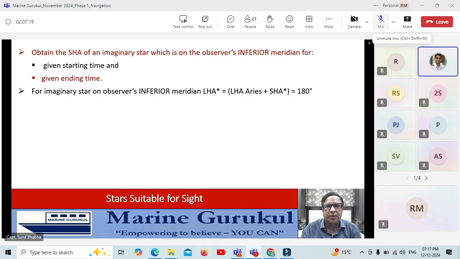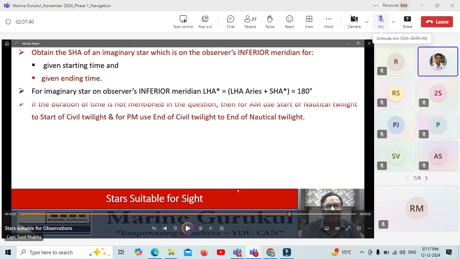So the difference lies here. In the earlier case, to find the SHA of the imaginary star, we were equating LHA to 360 degrees. In this case, because the imaginary star is on the observer's inferior meridian, the LHA of the imaginary star shall be equated to 180 degrees.